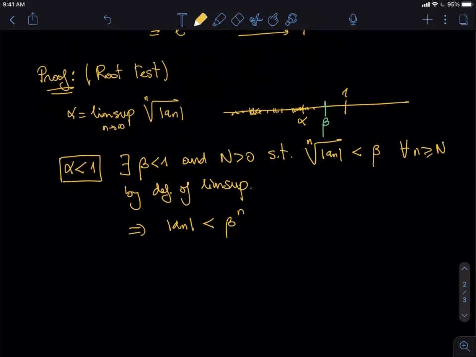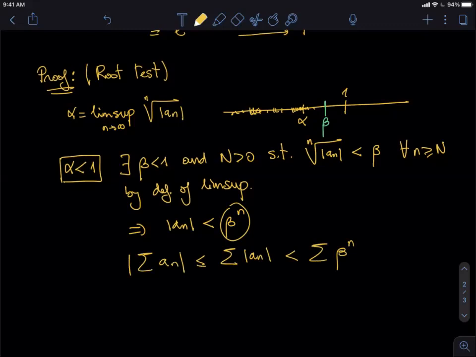But now if we look at this series with this term here, the sum of the an less or equal than the sum of the absolute values of the an less than the sum of the beta to the n.